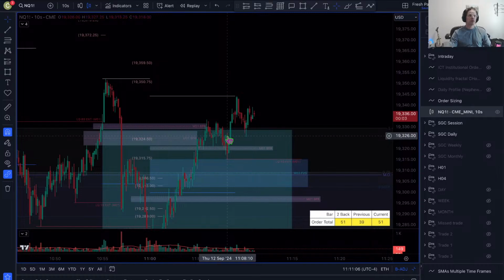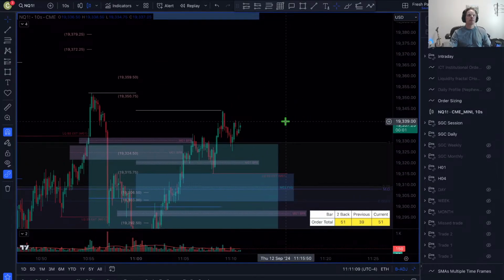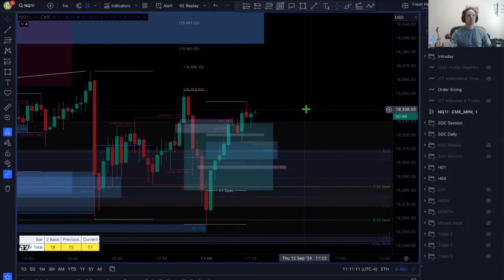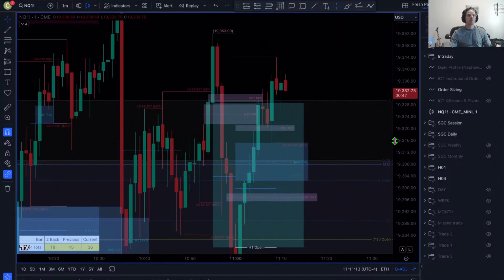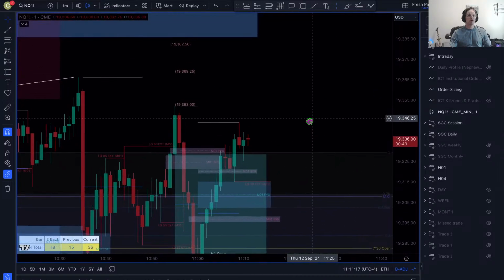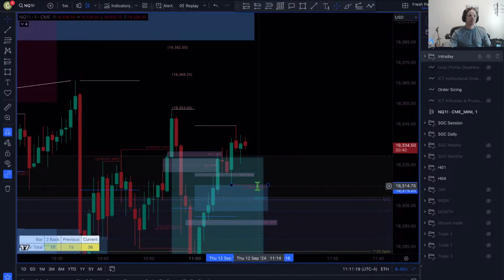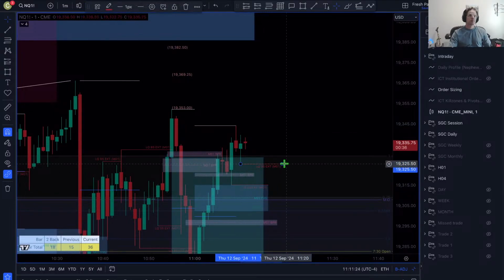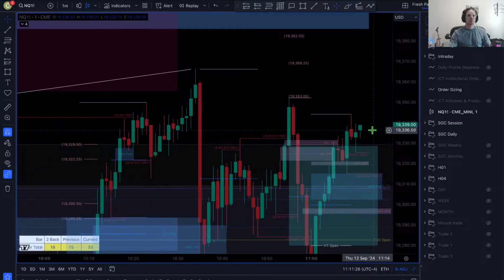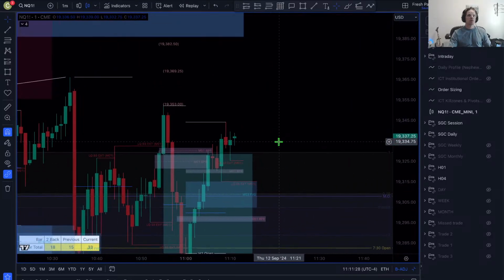This came back for that. Could be creating a volume imbalance on the M1. Looks like we are.